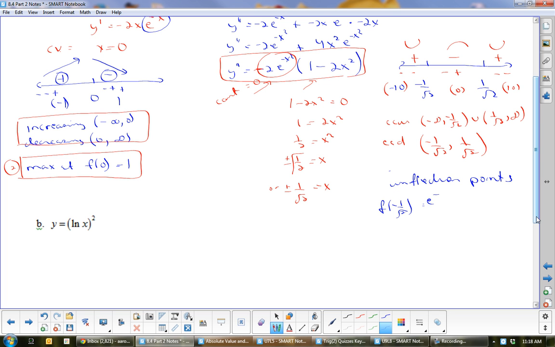X squared is 1/2, so that's going to give me e to the negative half, which equals 1 over root e. And if you put in f of 1 over root 2, there's the negative, and then 1 over root 2 squared would be 1/2, so that also equals 1 over root e.